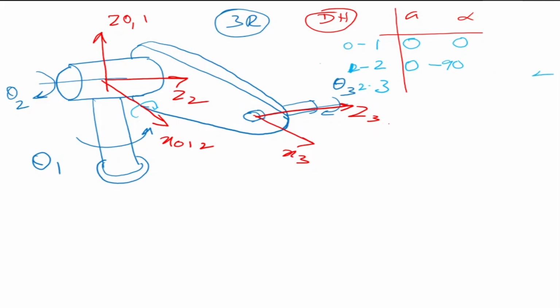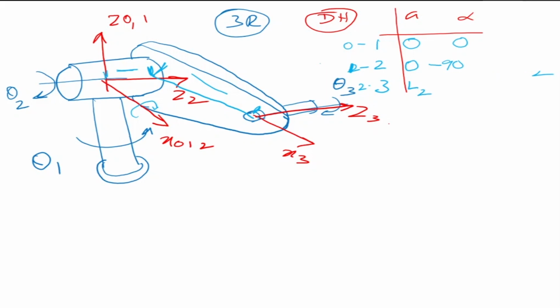Okay, then for the third one, where is the third axis? You see that this x is here on this plane, if you can imagine. So there is a distance here, and there is a distance here. There is a link length here, plus there is an offset distance there. So what is a? A is the distance between the Z axes.